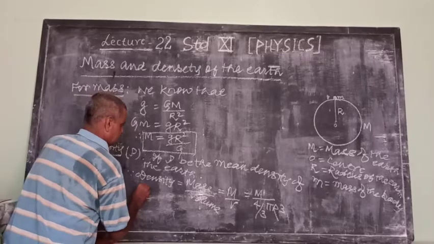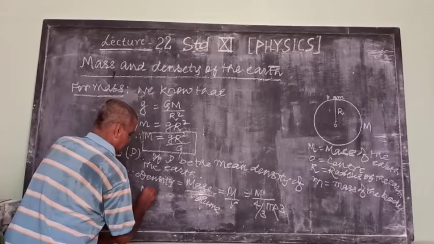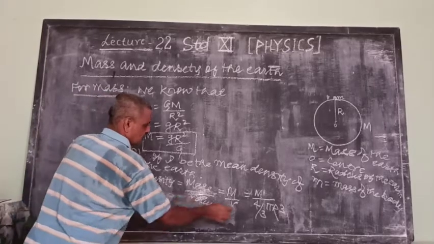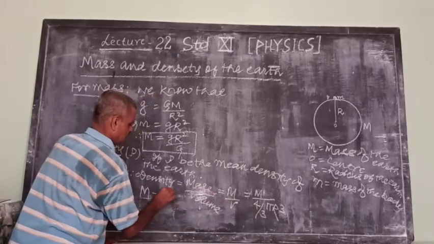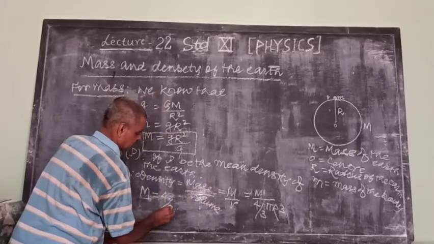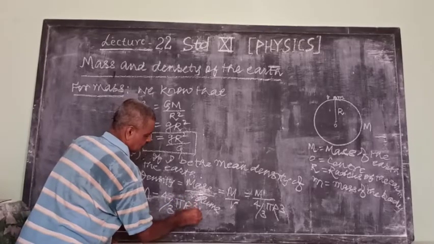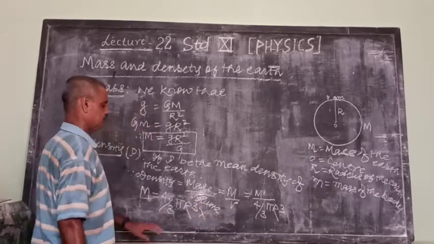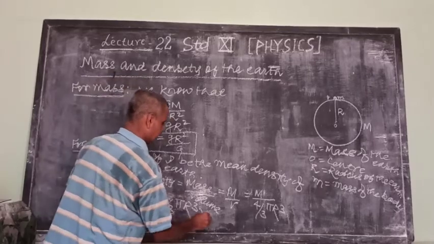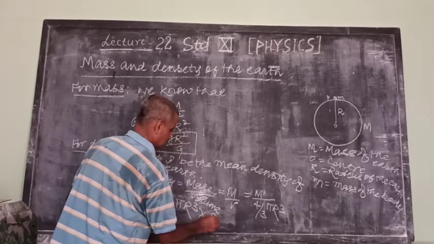We can write M is equal to, by cross multiplication, 4 by 3 pi r cube multiplied by density, that is rho.